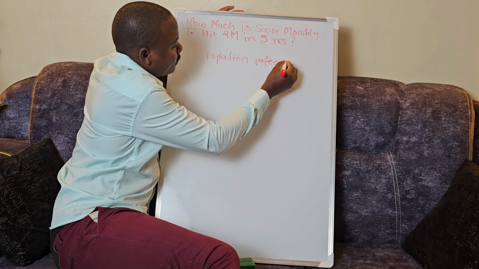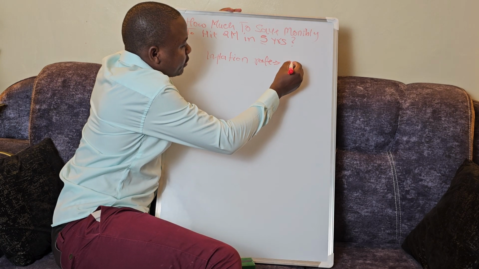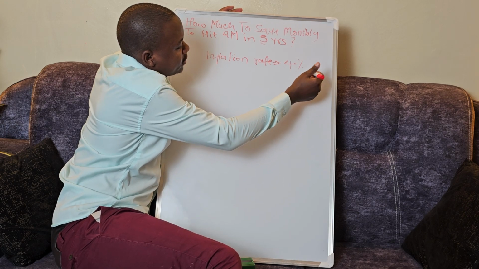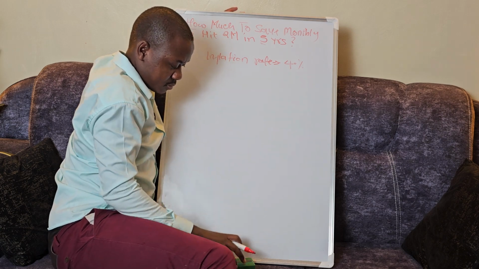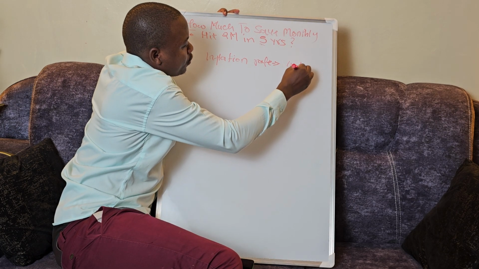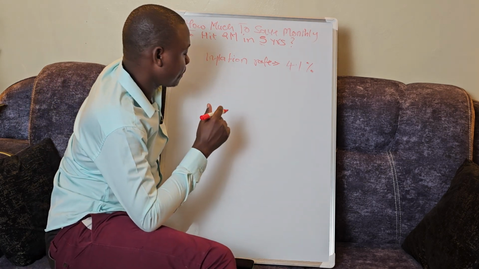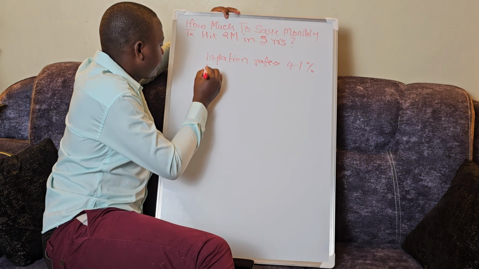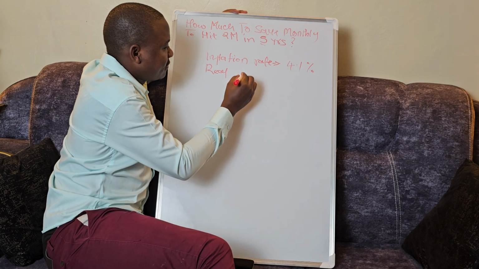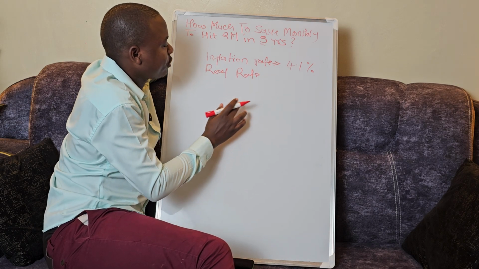In Kenya now, the inflation for the month of April was 4.1%, so I will just use that one, 4.1%. Then the real interest rate. These are the elements of the nominal interest rate.